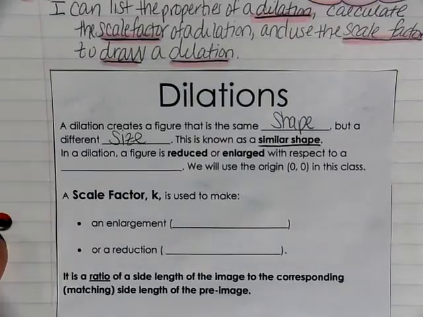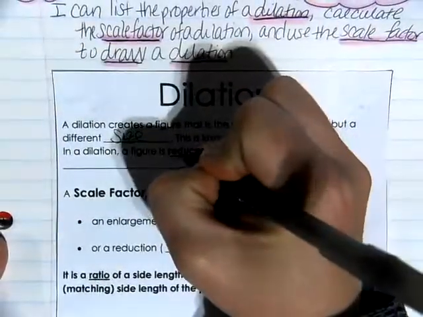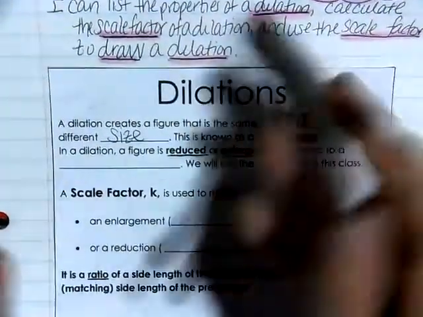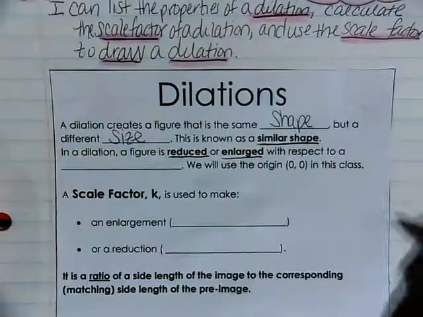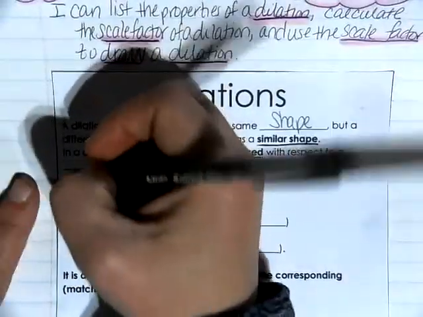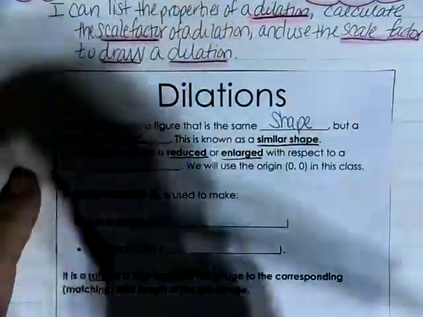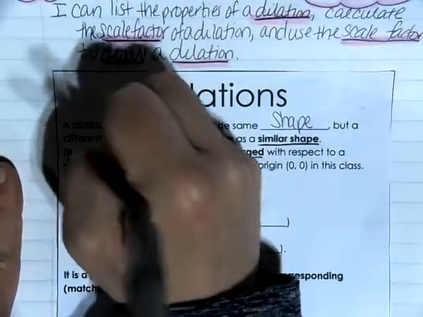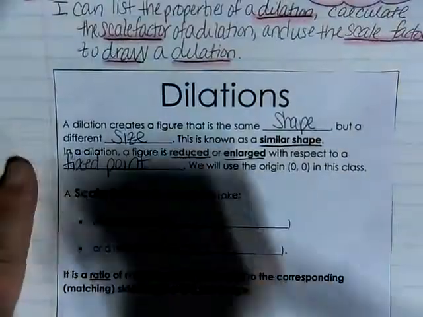In a dilation, a figure is either reduced, or shrunk, or enlarged, got bigger, with respect to a scale factor. With respect to a fixed point, excuse me. Now remember, fixed point means that that point does not move.